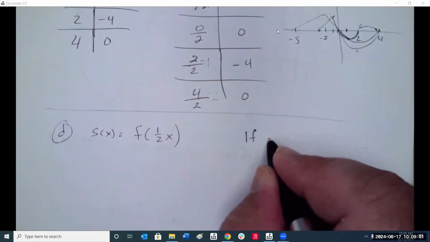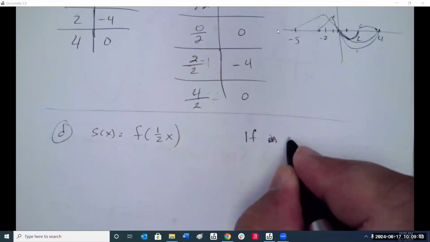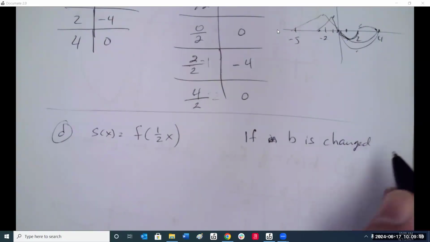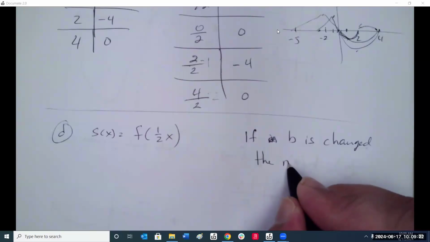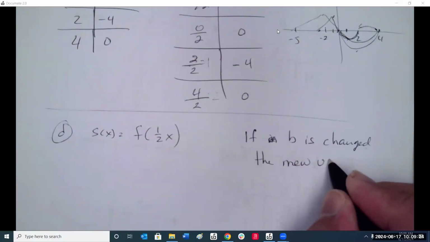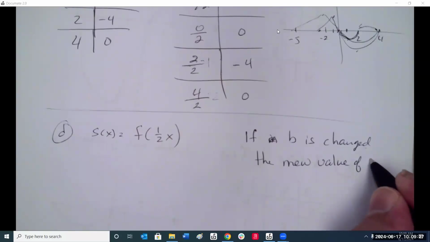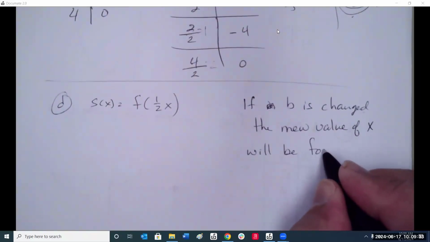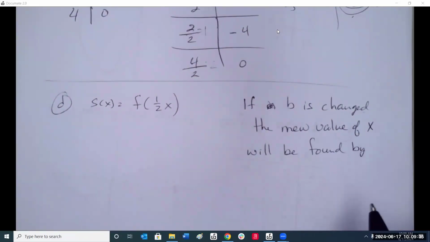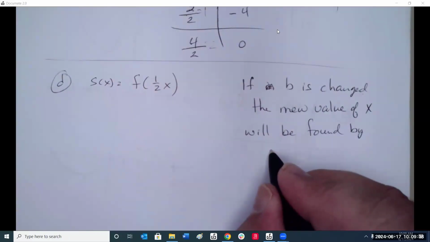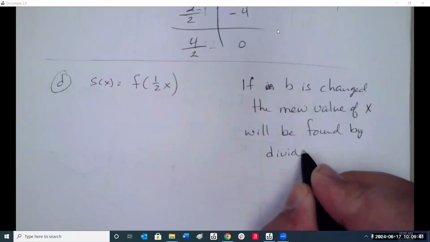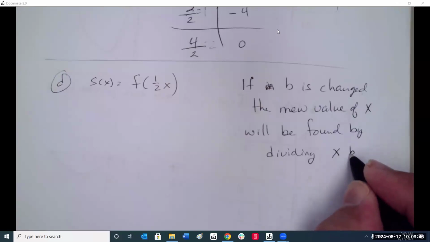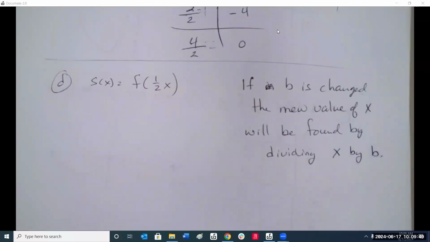If b is changed, the new value of x will be found by dividing x by b.